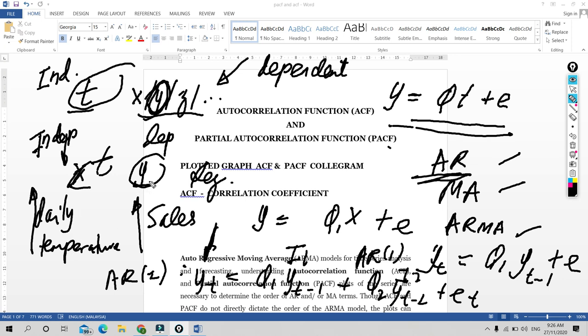Tetapi kalau AR model kita gunakan sales ni against sales, Yt against Y sebelumnya. Y hari ini berdasarkan Y semalam. Y hari ini berdasarkan pada Y 2 hari yang sudah. Ini konsep time series. Faham tak apa saya cakap?